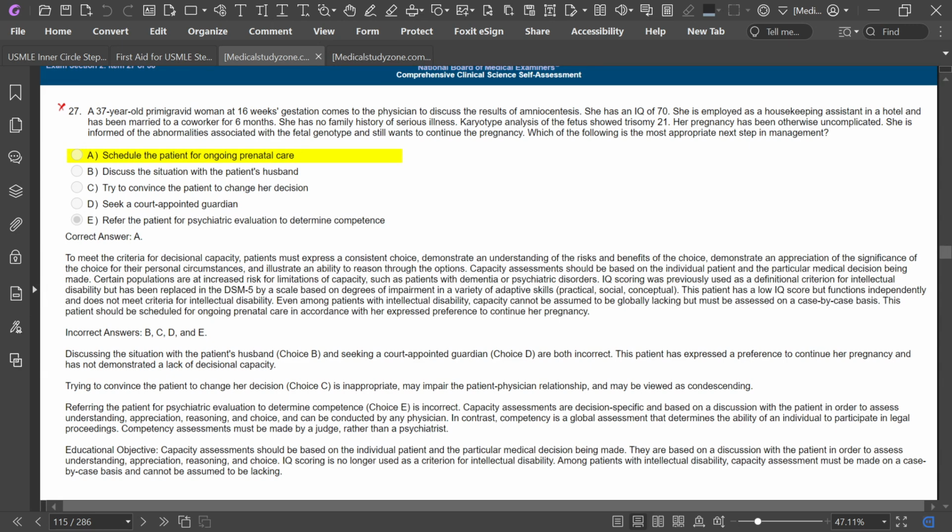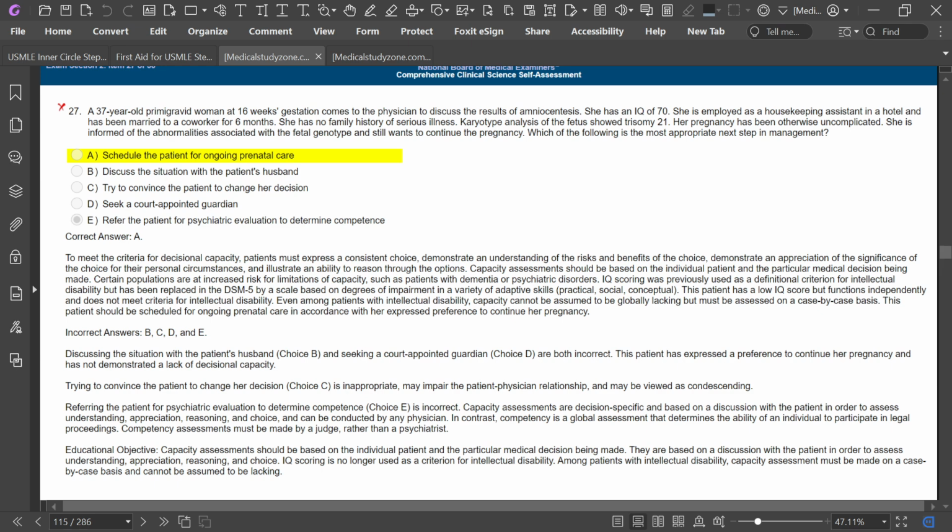To meet the criteria for decisional capacity, a patient must express a consistent choice and demonstrate an understanding of the risks and benefits of the choice. They must demonstrate an appreciation of the significance of the choice for their personal circumstances and illustrate an ability to reason through the options.